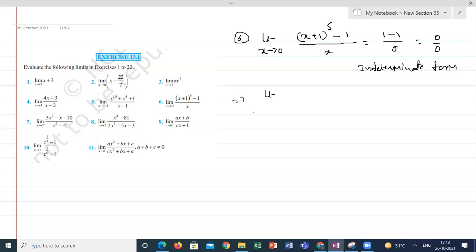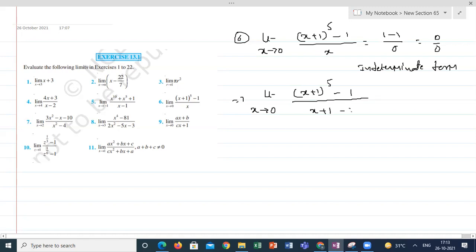For this, limit x tends to 0, x plus 1 whole power 5 minus 1 divided by x can be written as divided by x plus 1 minus 1. Assume x plus 1 is equal to y.